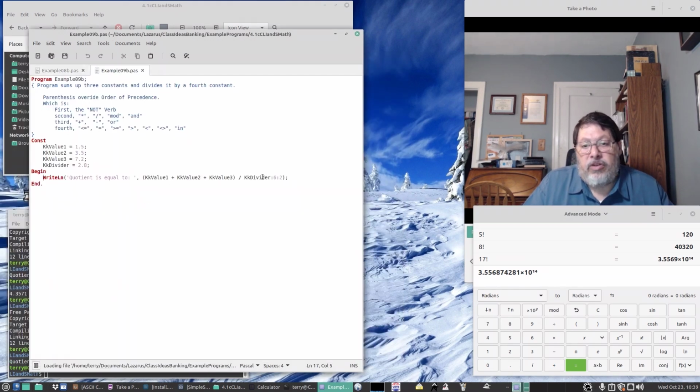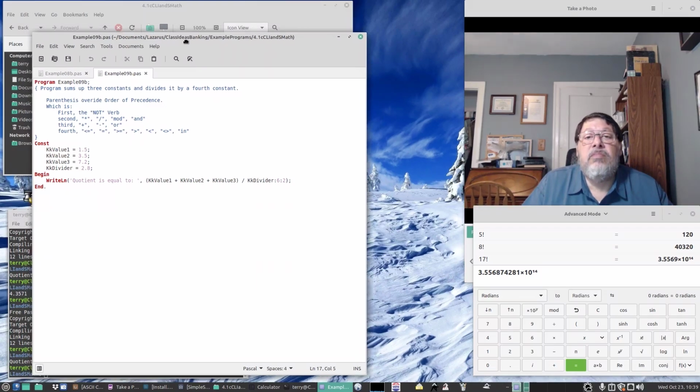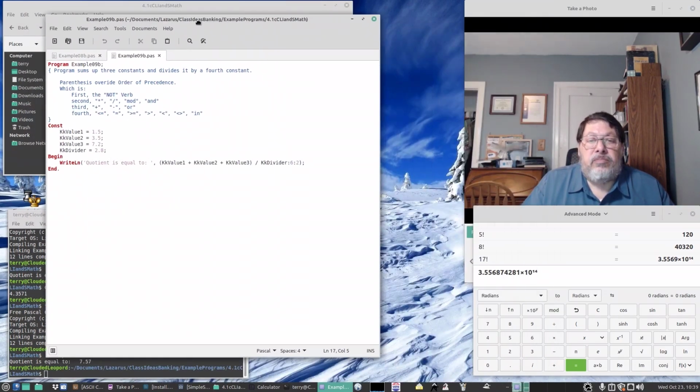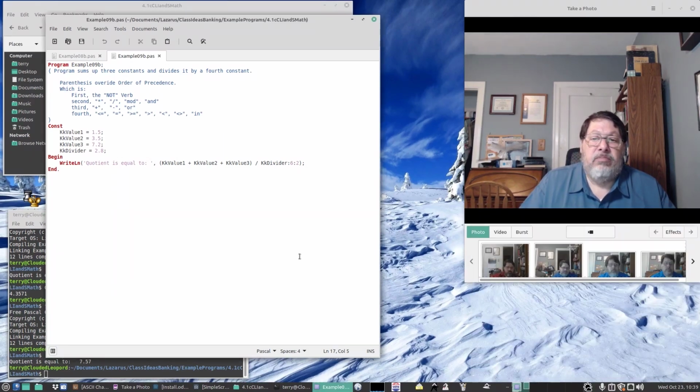And same thing here with the division. Basically, I would overdo using parentheses because that will keep you out of trouble.